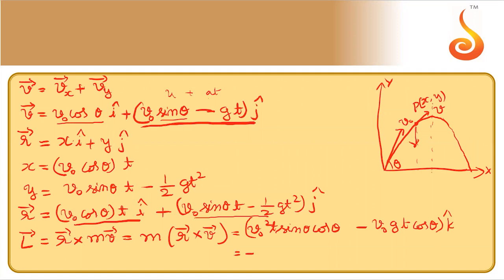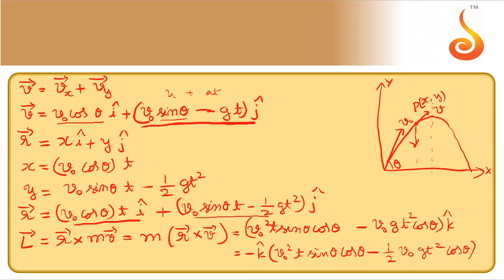So it should be minus k cap into v naught sin theta t into v naught cos theta t, v naught square t sin theta cos theta, minus half v naught g t square, this is also t square into cos theta.